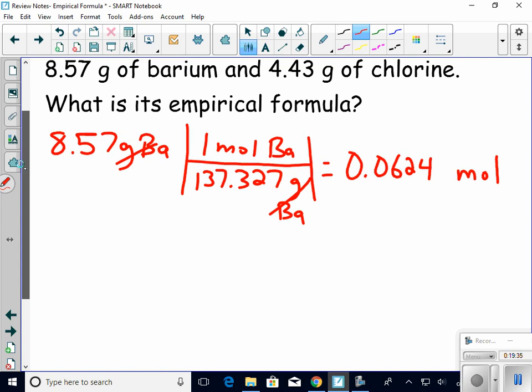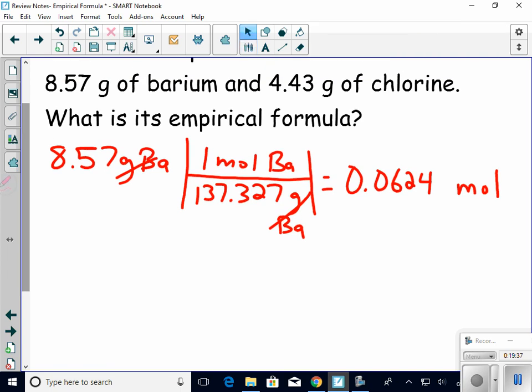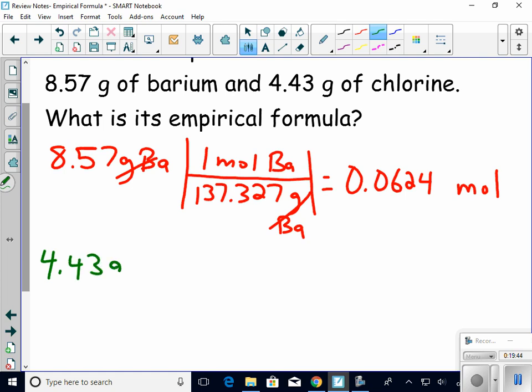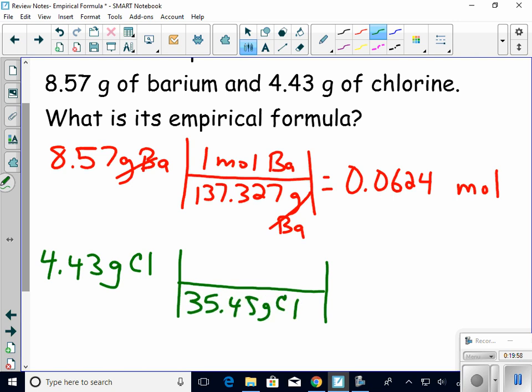I bring her down, and I have 4.43 grams of chlorine. 35.45 grams of chlorine is 1 mole of chlorine.